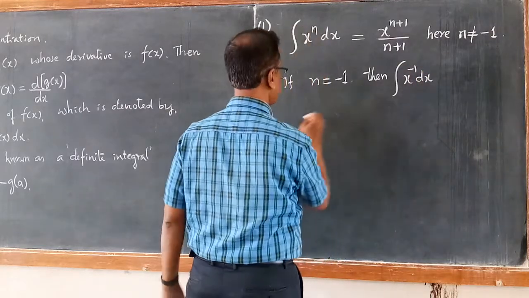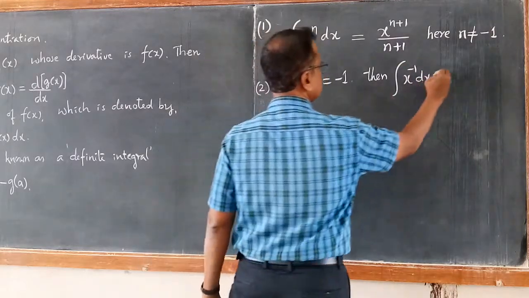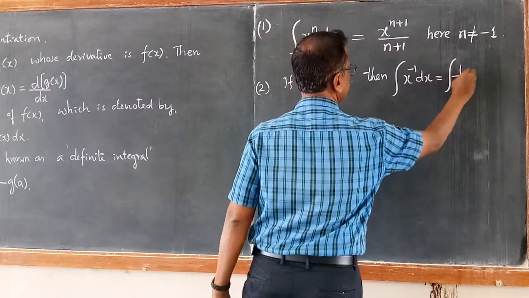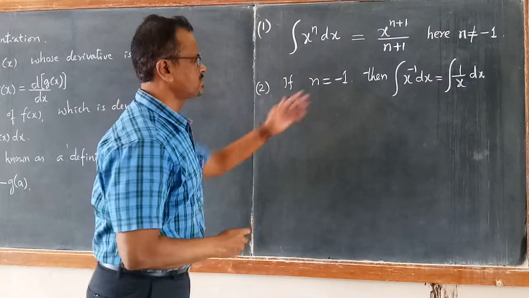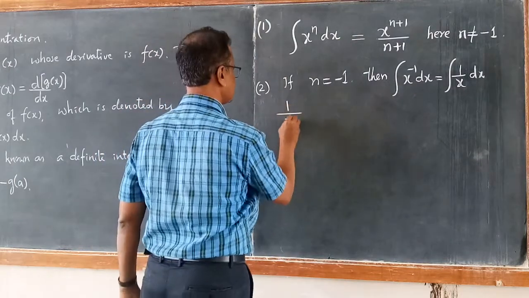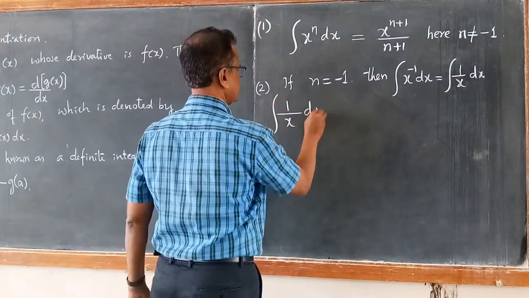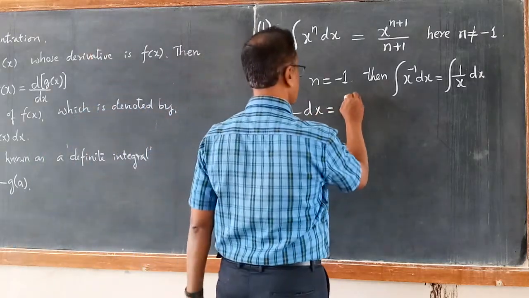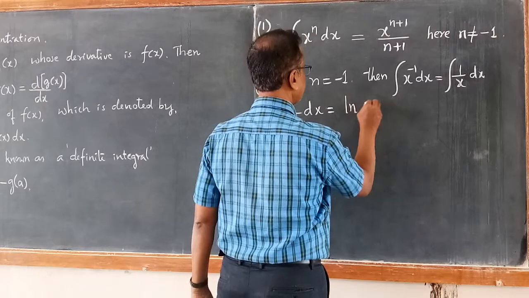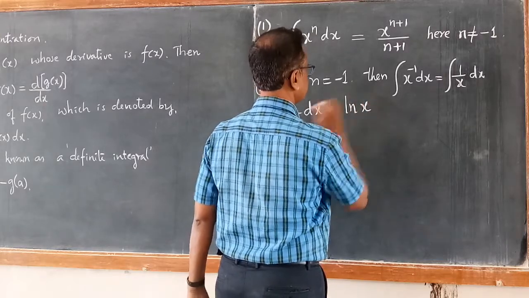Then x raised to minus 1 dx can be written as integration of 1 by x dx. The result of integration of 1 by x dx is a standard result: natural log of x.